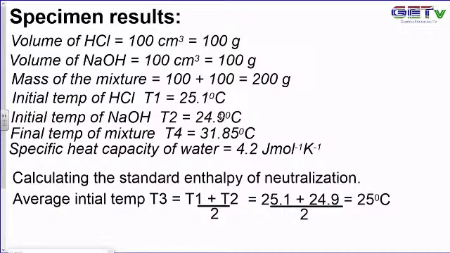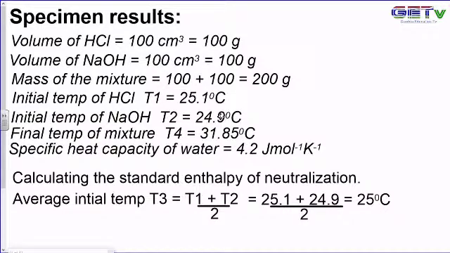We again have the final temperature of the mixture, which is T4, and it is equal to 31.85 degrees Celsius. And then the specific heat capacity of the water is equal to 4.2 joules per mole per Kelvin. Now calculating the standard enthalpy of neutralization.